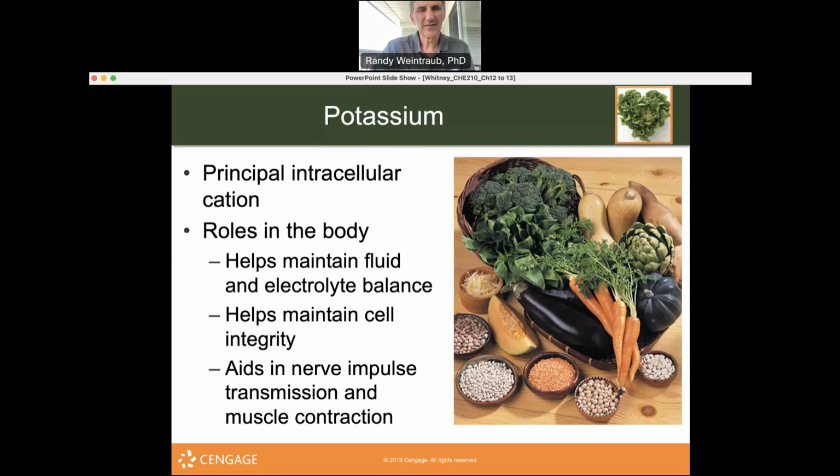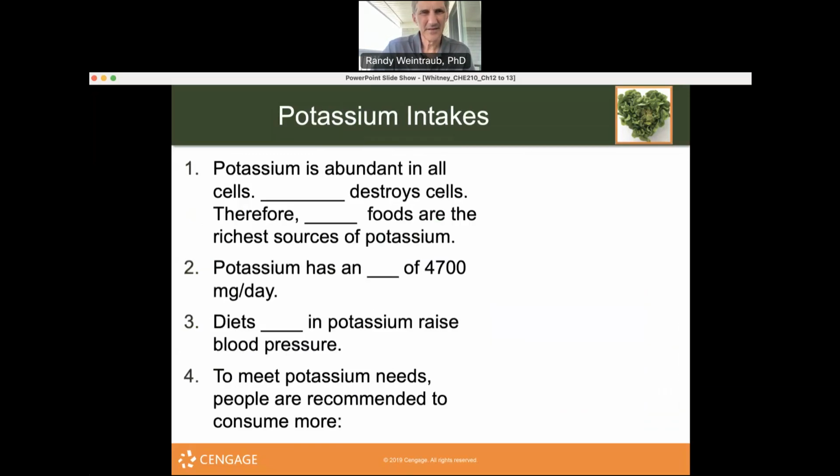It aids in nerve transmission and contraction. Processing destroys cells. So we're talking about plant cells predominantly in an eating pattern. If we destroy cells, we would lose potassium. Therefore, fresh, unprocessed foods are the richest form of potassium.